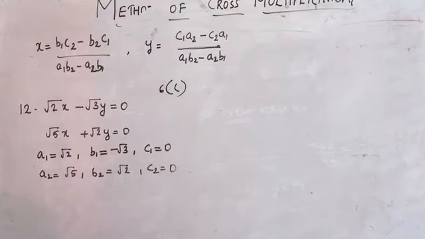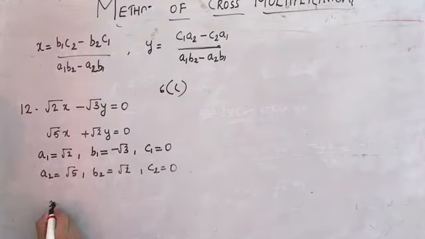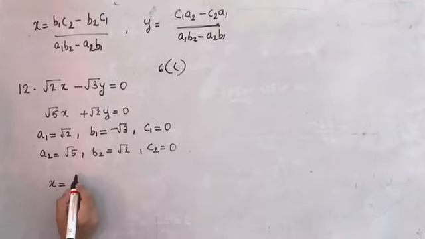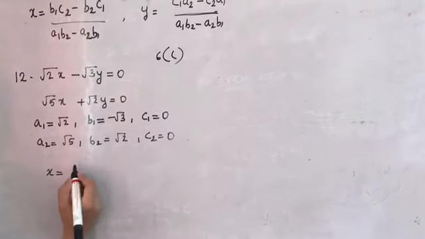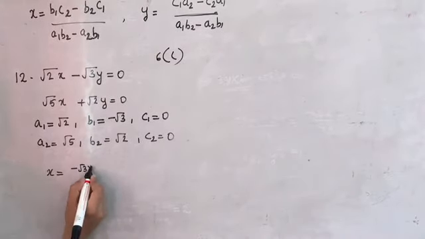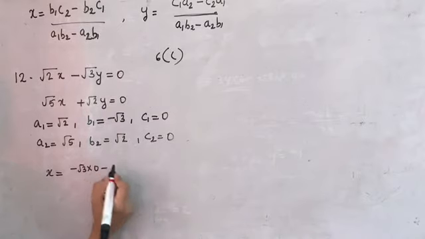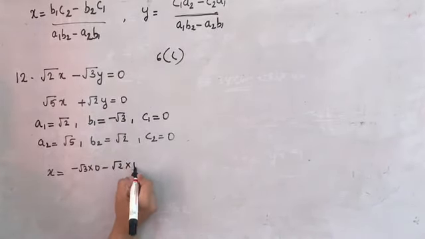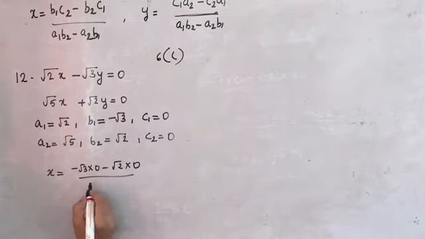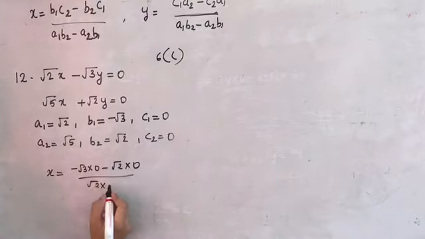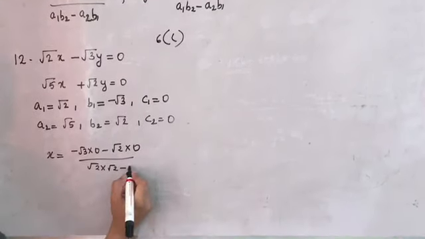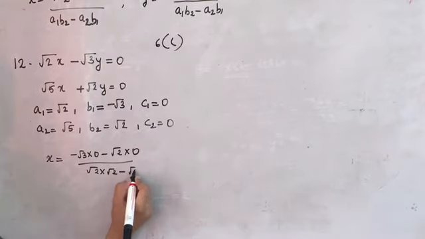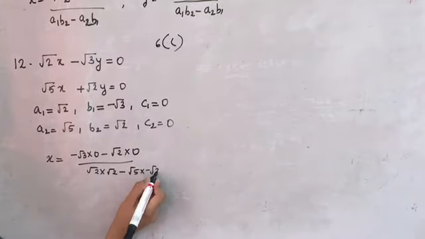Now let us substitute in the formula. What do we get here? x equals b1 c2. So b1 is minus root 3 into 0 minus b2 is root 2 into c1 is again 0 by a1 is root 2 into b2 is again root 2 minus a2 is root 5 into b1 is minus root 3.